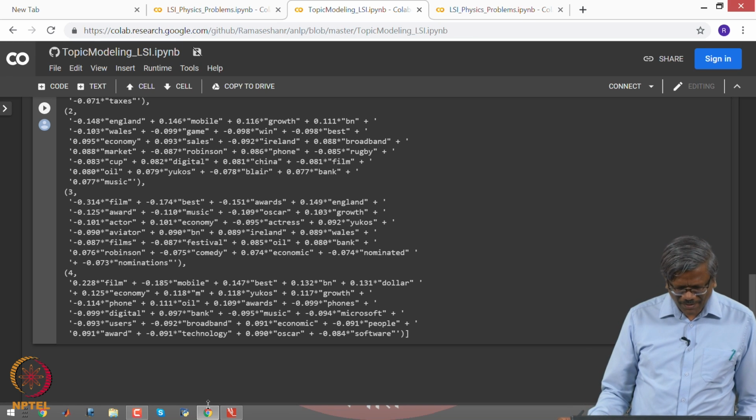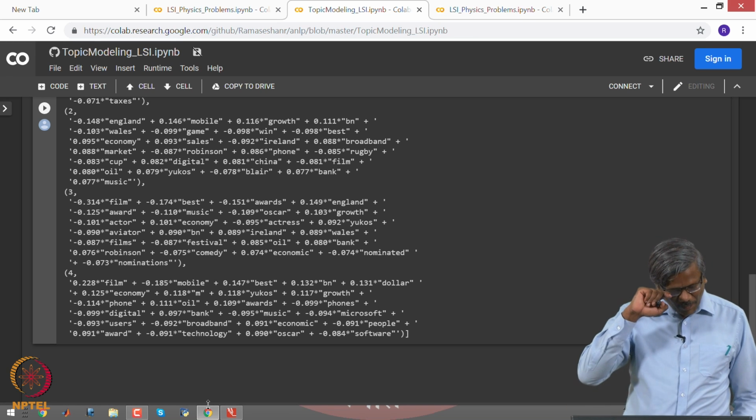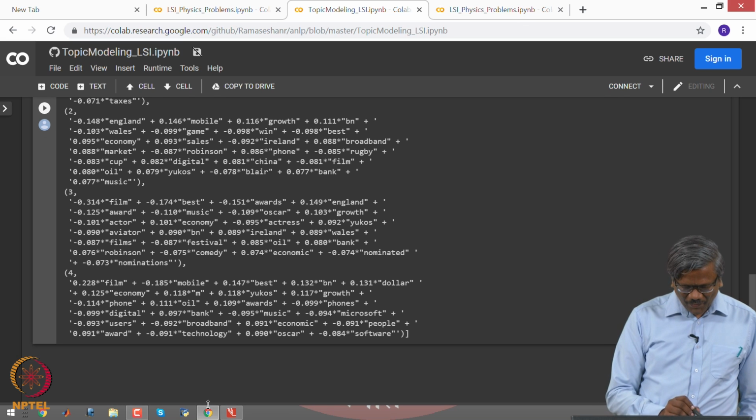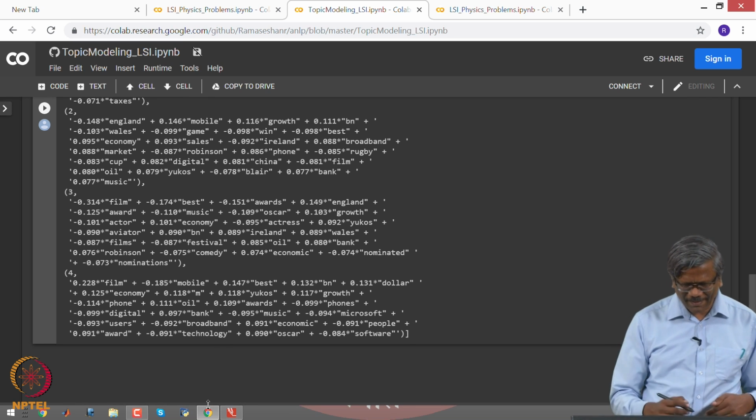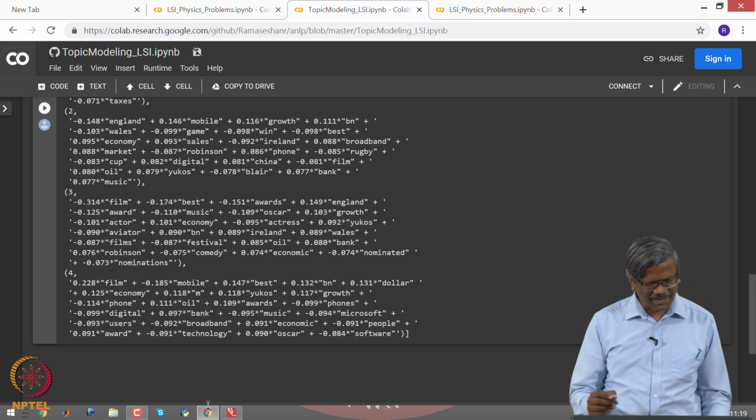Let's look at the third one. There is growth, a billion, sales, economy, island, broadband, market, phone, rugby, cup, digital. You can see even the sports related things are being mixed up in this, right?